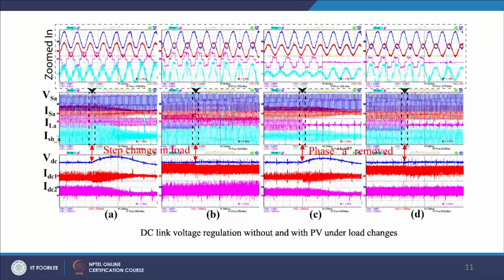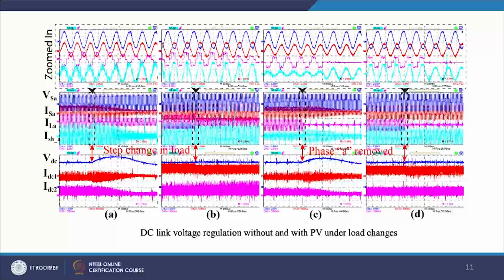Whereas, in figure B, the same condition is operated with an external source at the DC link and feeding excess power to the utility grid. With this, the DC link voltage is regulated smoothly due to excess energy available at the DC link.